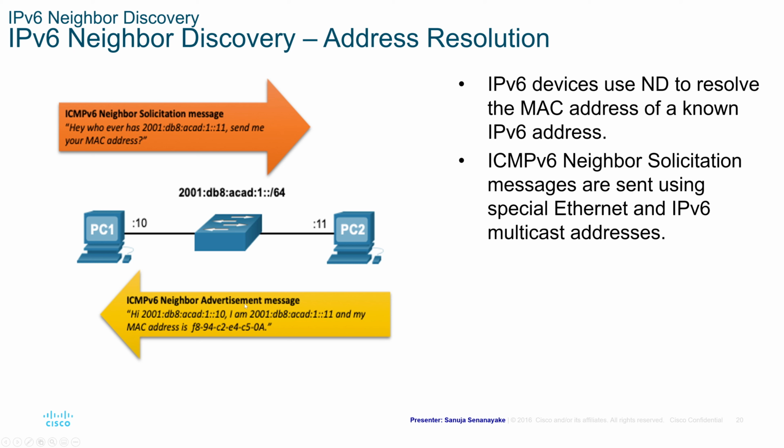So we have an ICMPv6 solicitation message saying, hey, who has this IP address, please give me the MAC address belonging to that IP address. And then the device that has that IP address is going to send the ICMPv6 neighbor advertisement message, and that will connect that IP address to that MAC address. So that's how it works.